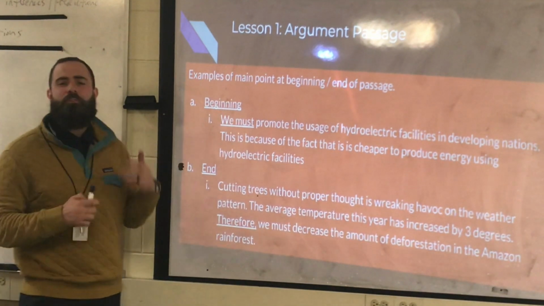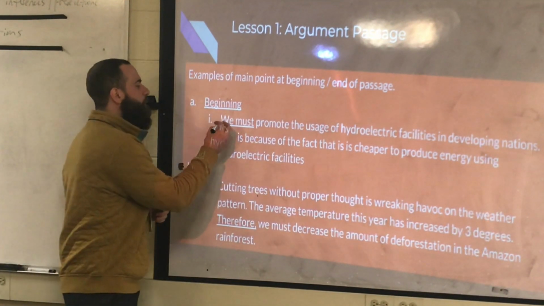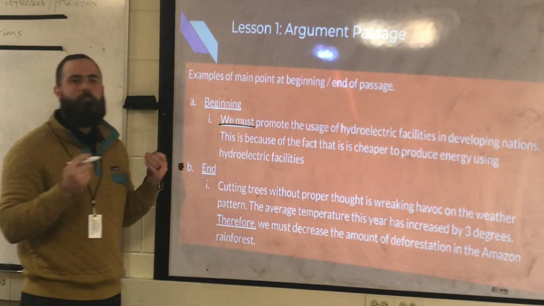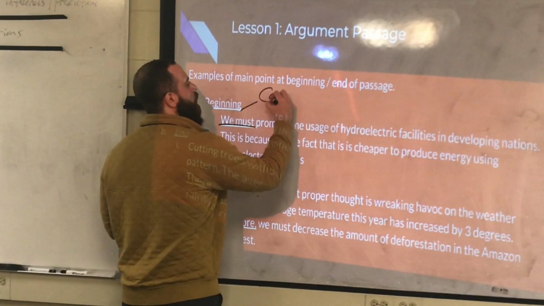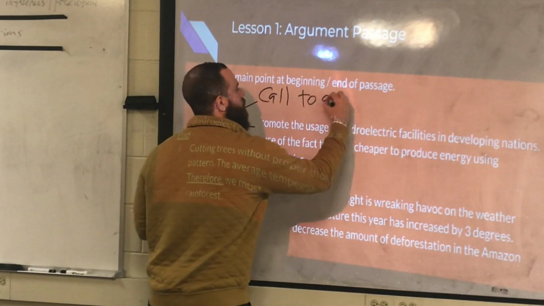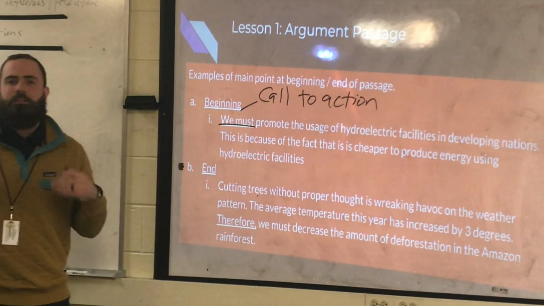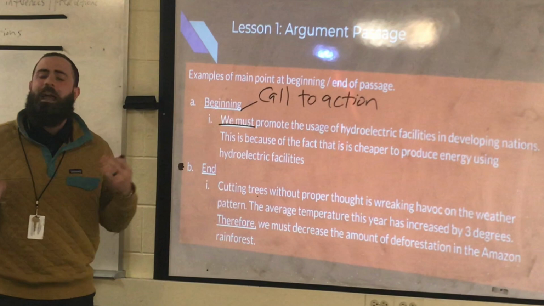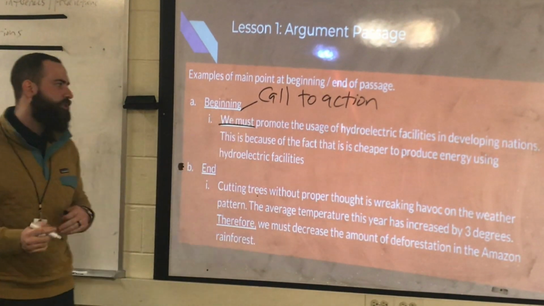Now, again, I'm looking for those key phrases that we identified in our notes, and we see right off the bat, it starts with we must promote, right? We might call that a call to action. A call to action is saying this is what we want to do to fix a problem. And ultimately, when you're making an argument, you're going to have that call to action.